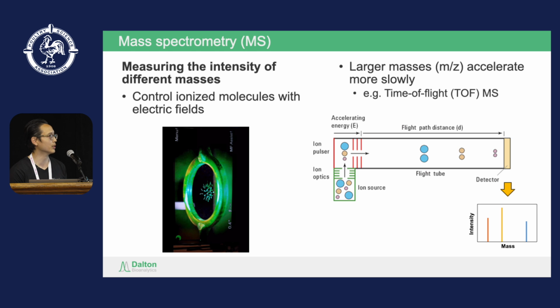There's a detector on the other end. Depending on how long it takes for those ions to hit this detector after that really short pulse, you can determine the mass, or mass to charge, really. And then, depending on the signal that comes back from the detector, you can measure the intensity. So you can see just these two main principles can be used to measure different masses.